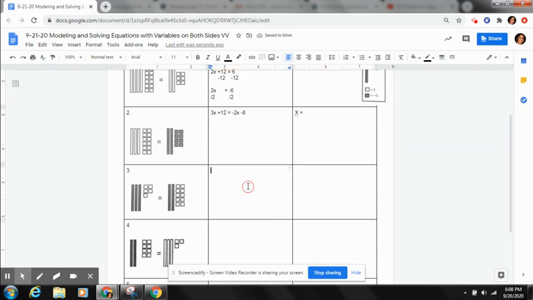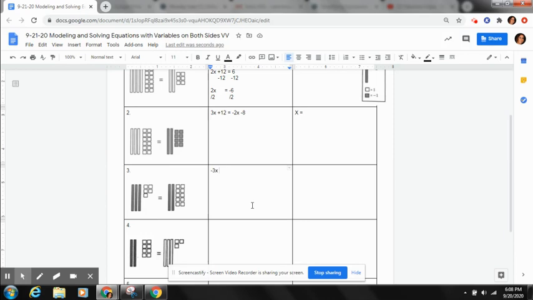Okay, I'll do one more, and hopefully you can figure out from here. So this one, we have 1, 2, 3 shaded rectangles. So shaded is negative, and there's 3 of them, and the rectangles are the x's, so -3 x's. Then you have 2, 4, 5 unshaded squares.